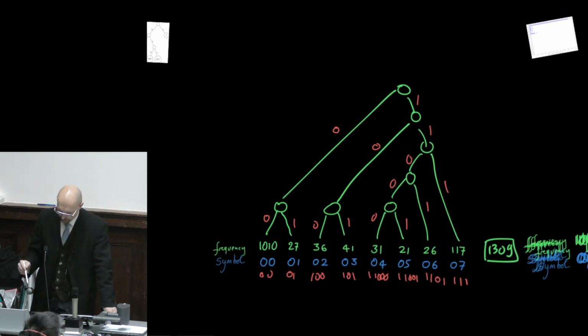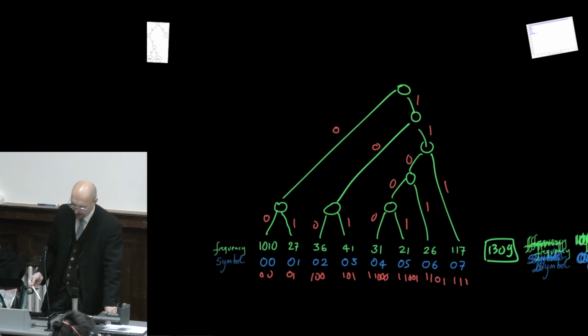So the length of each code word is the length of the path from root to leaves. So I can say the cost here is this length 2 times this. This length 2 times this. And I'm ignoring the division by 13 or 9. I can do that at the end.